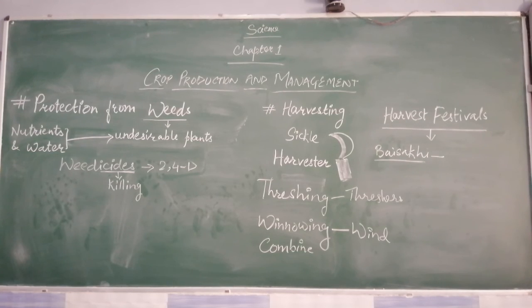Now, as we are learning about harvesting, we have to know about the harvest festivals. After 3 or 4 months of hard work, one day the farmers complete all their work till harvesting, and they collect all their crops and grains at one place.